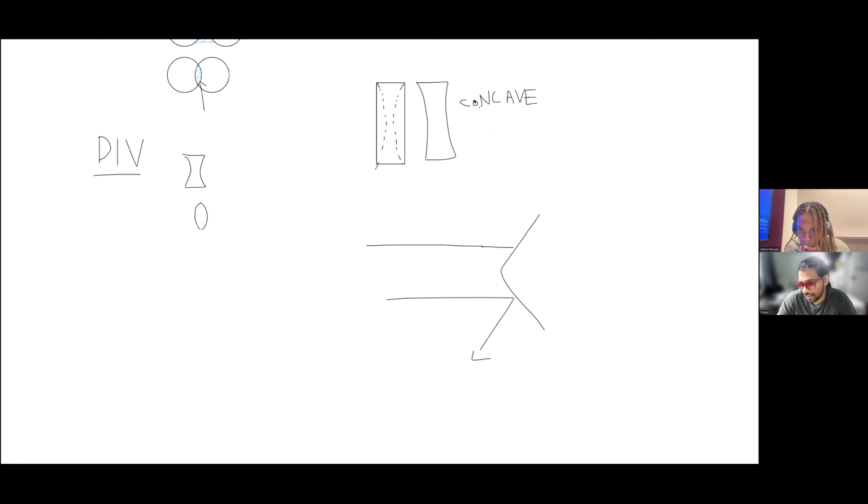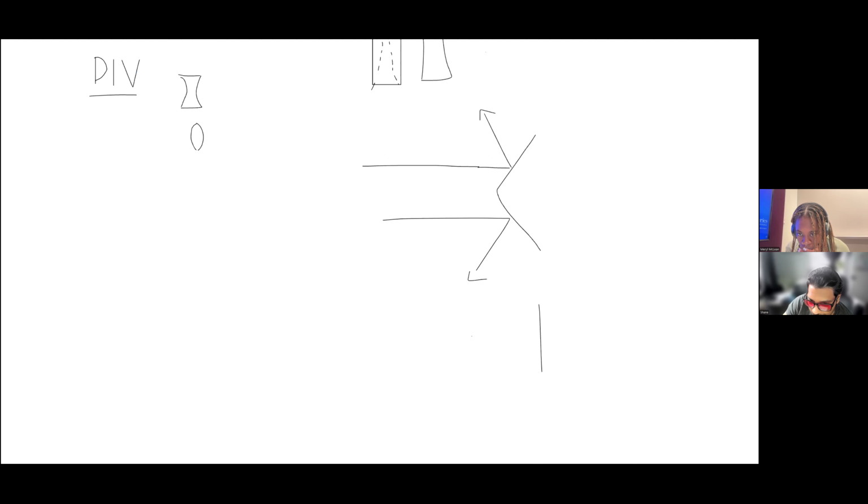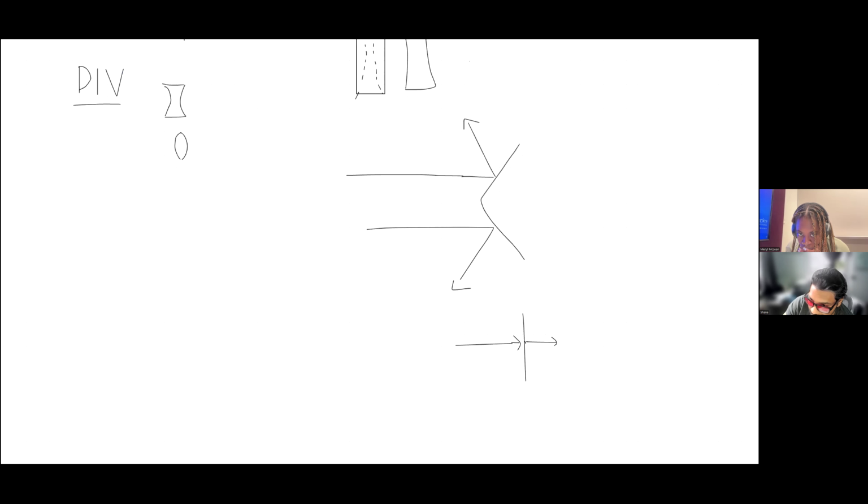Compare that to something straight like this, where it can concentrate all its energy on this point and then penetrate. This way, it causes it to deflect at an angle.